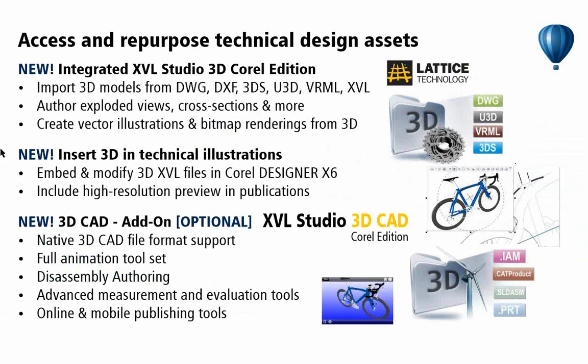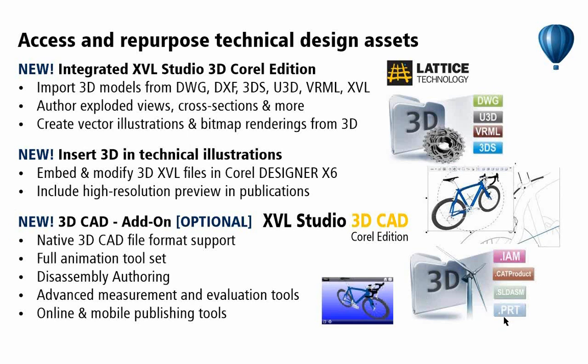Let me start by showing you the XVL Studio 3D Corel Edition application, which is integrated with the CorelDRAW Technical Suite X6. So that's not an extra module, that's an integrated component that you license with CorelDRAW Technical Suite X6. There is an add-on component that comes on top that adds a lot of features, especially for the discrete manufacturing industries and the workflows in there and the file formats that are used in that area.